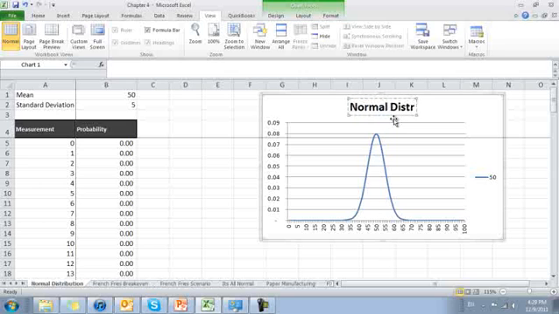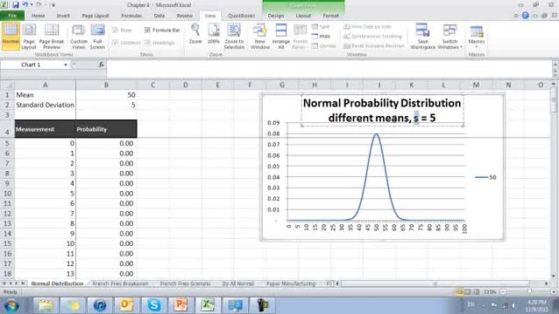Normal distribution, normal probability distribution, different means, sigma equals 5.